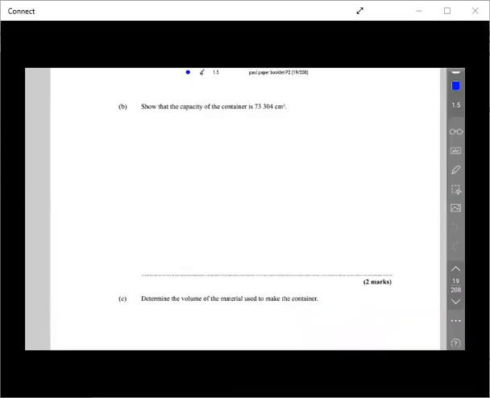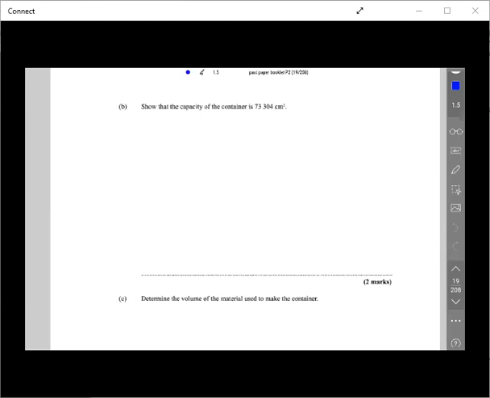In the second part of the question, we're asked to show that the capacity of the container is 73,304 centimeters cubed. Now, capacity is just another way of saying volume. Or you can say the capacity of the container is the amount of space in the container. Space is volume.